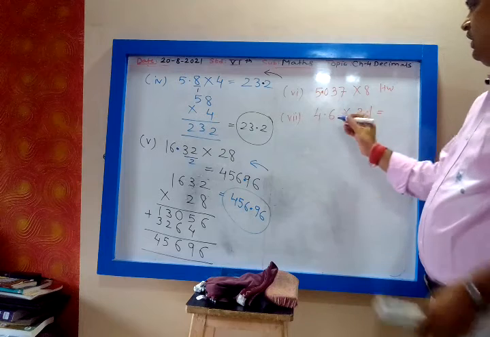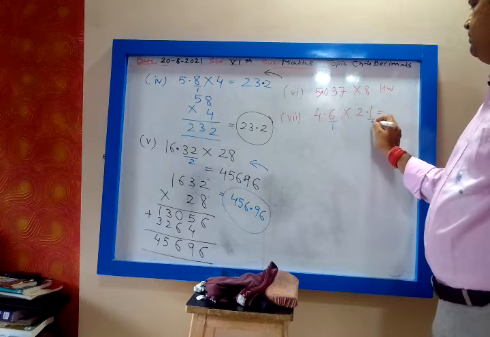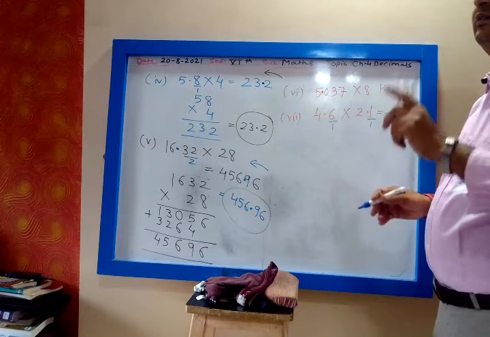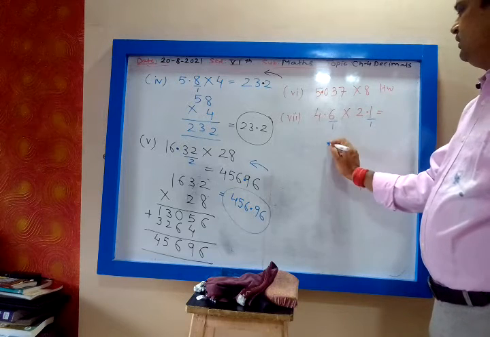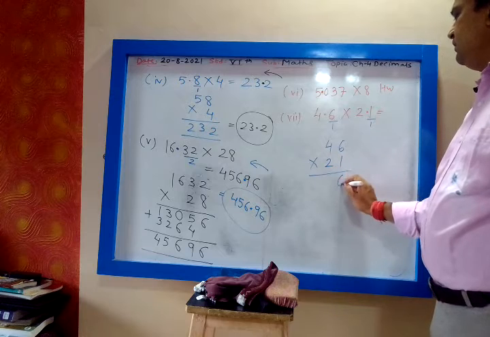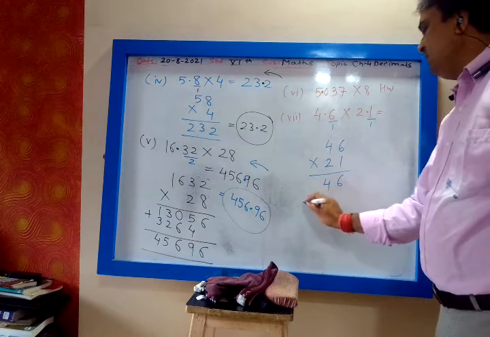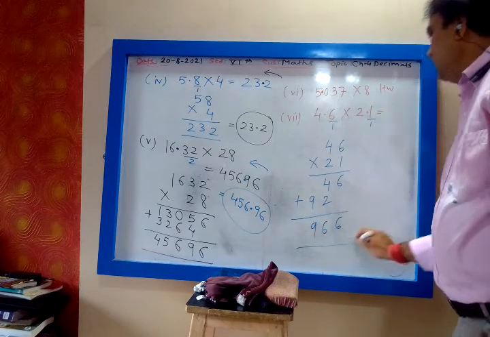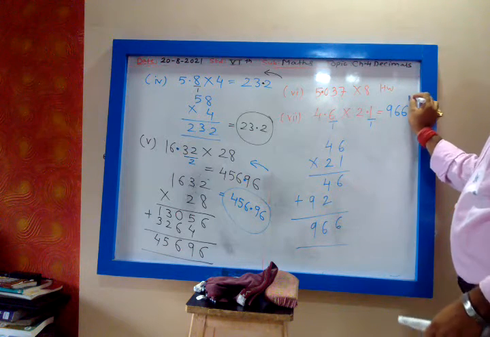First see how many places there are in the multiplicand: 1. How many in the multiplier? 1. So the product will have 2 places in the decimal. You have to place the decimal after 2 digits in the product from the right side. So 46 into 21 you multiply. 1 6 is 6, 1 4 is 4, 2 6s are 12, 2 4s are 8 plus 1, 9. Add them: 6 6 9. So the answer is 966. But you have to place the decimal from the right side.